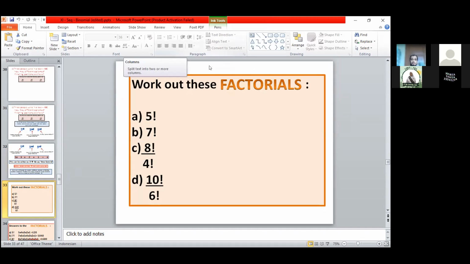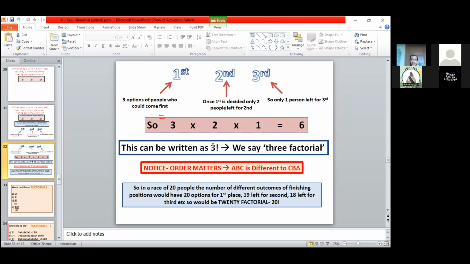I will include this as an exercise for you, and I'll just give you one example. So 5 factorial, for example. What does it mean? Basically, 3 factorial means 3 times 2 times 1. So from the number, we multiply by the previous number, and the previous number, and so on until 1.